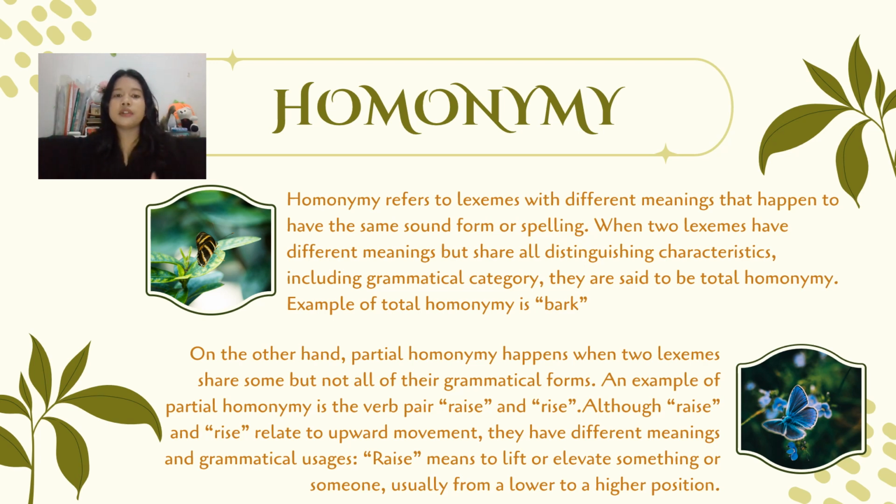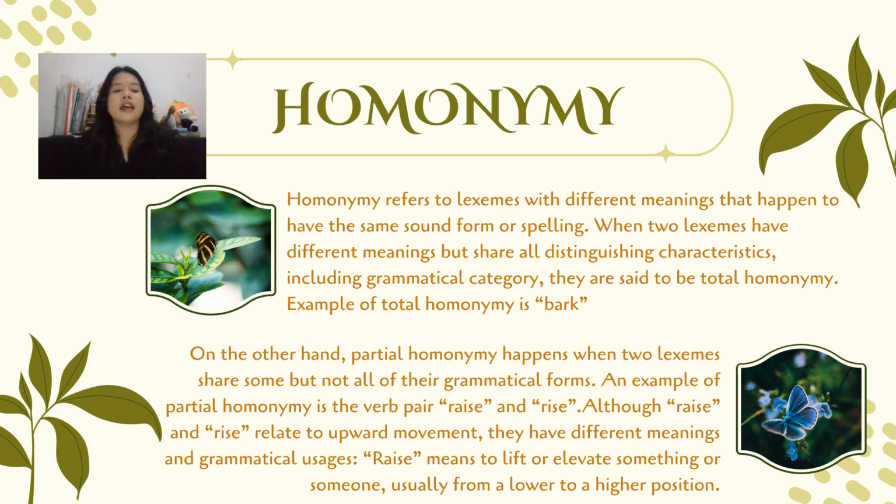As we can see, the term bark has the same sound and spelling, but it is different in conceptualization and usage, which are unrelated to each other at all. The first bark refers to an animal sound, as a noun, but the second bark refers to a human, as a verb, meaning to give orders to the players.